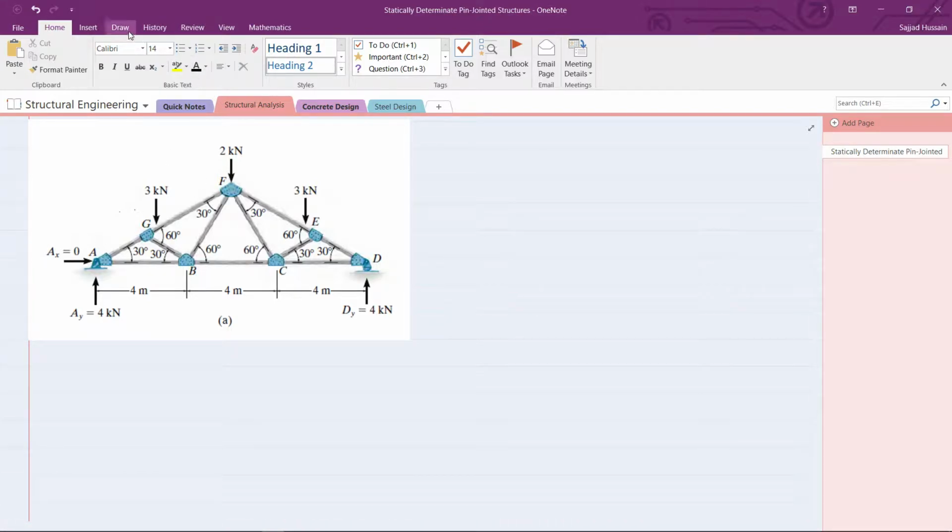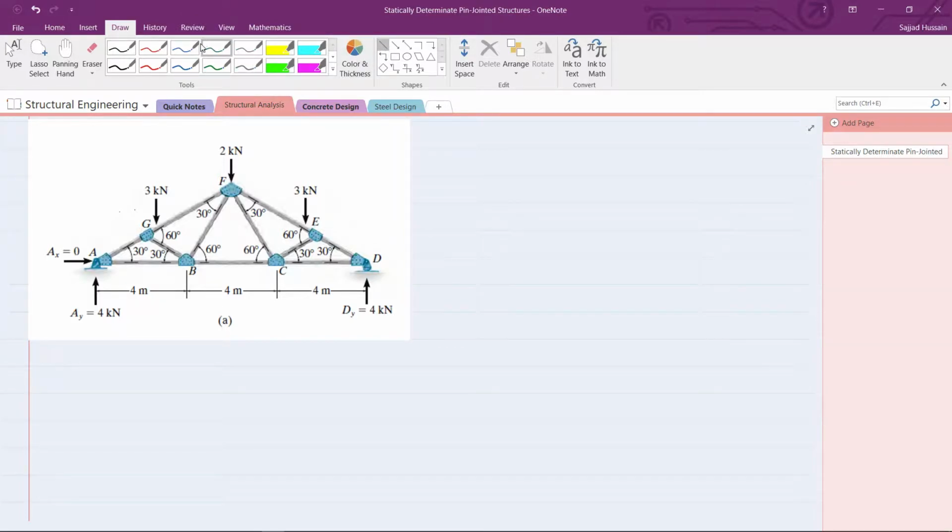Now what we want to know is this distance from point G. Similarly, we want to draw a line from here, and also we want to draw a line from point E. Now it's obvious that let this point be G dash, this point be F dash, and this point be E dash.